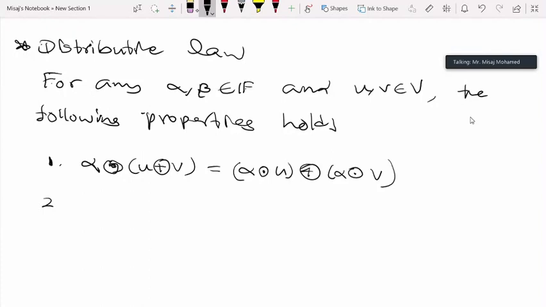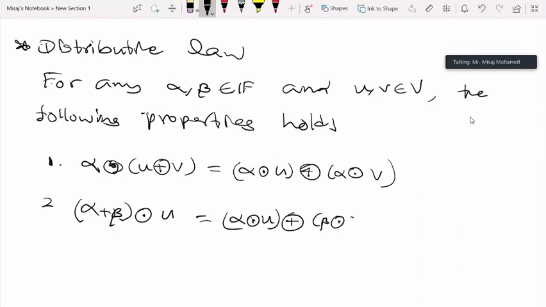The second property: alpha plus beta dot u is equal to alpha dot u plus beta dot u.